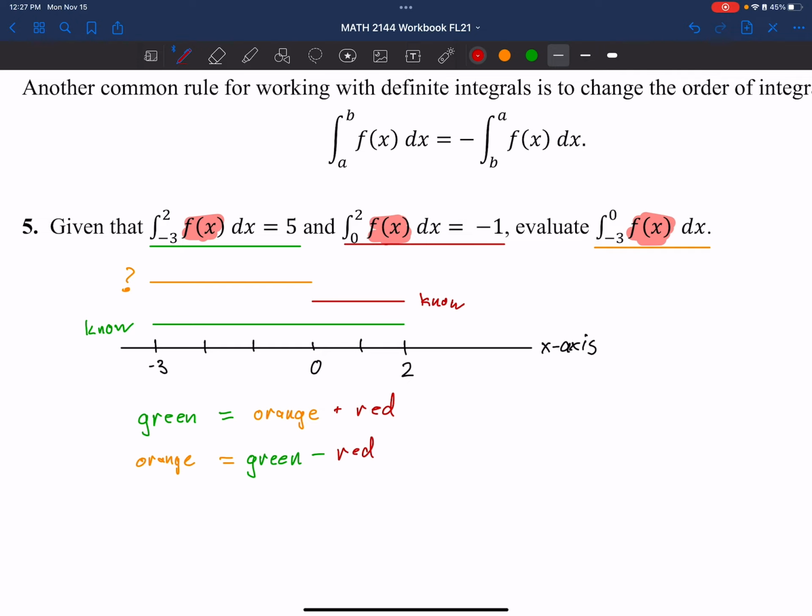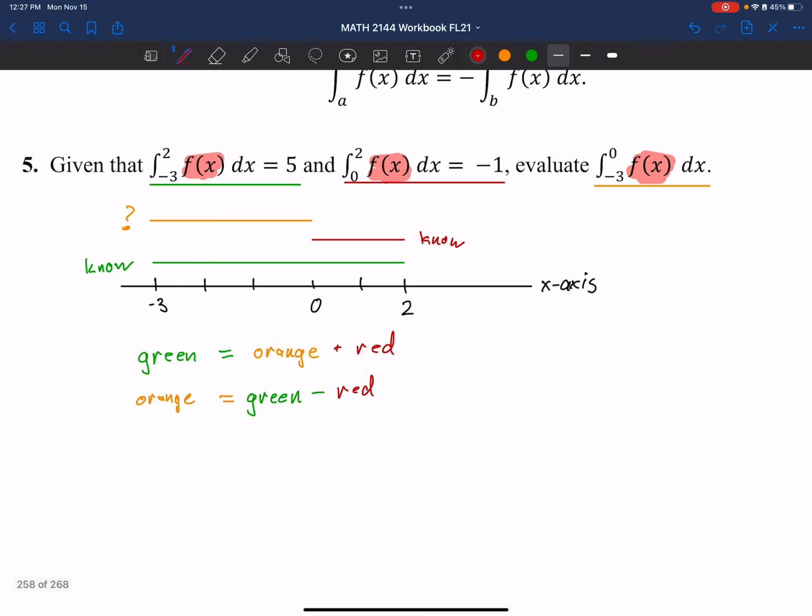So with that in mind, I'm going to translate this to the definite integrals. So the integral from negative 3 to 0 of f of x dx, we don't know, that's what we're asked to find, but we know it's going to be equal to the integral from negative 3 to 2 of f of x dx minus the area obtained from the integral from 0 to 2 of f of x dx.